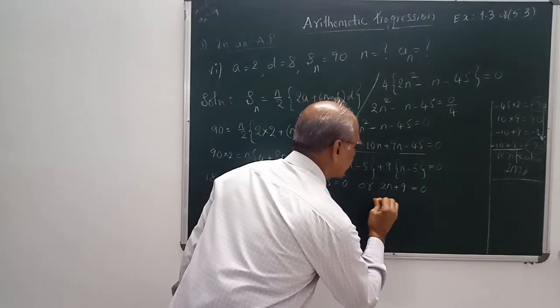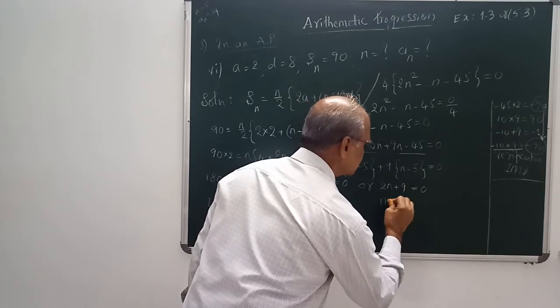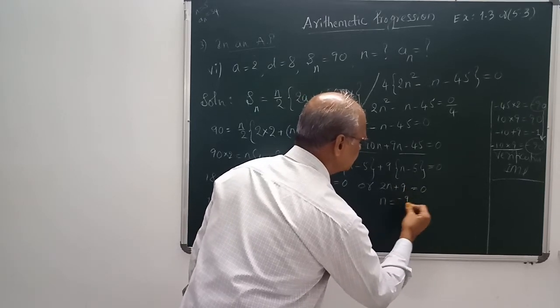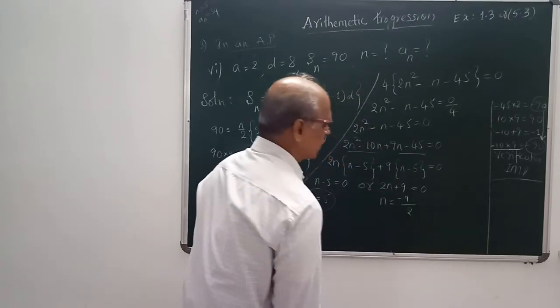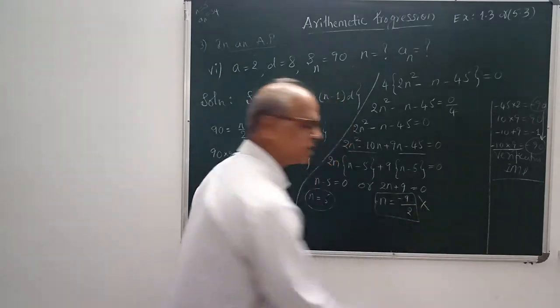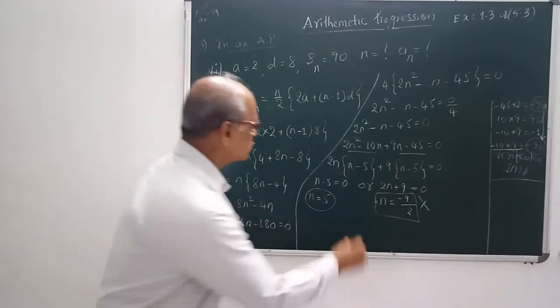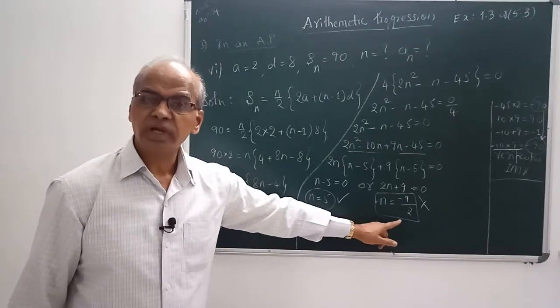Here what happens? n is equal to, this will go to that side, that means RHS, it is minus 9, divided by 2, this 2 will come down. That means minus 9 by 2. See, observe this. This we should not consider. The reason is, this is our right answer, n value is 5. Why is this not the right answer?